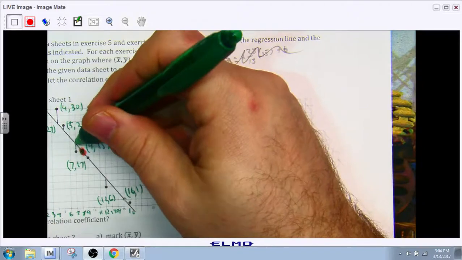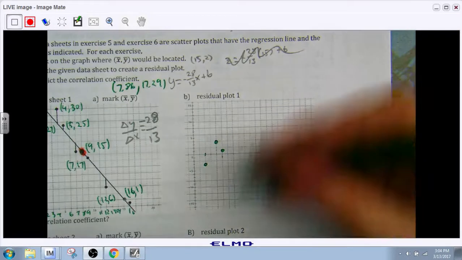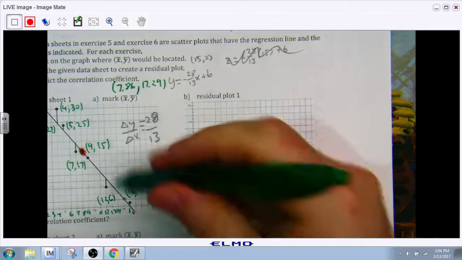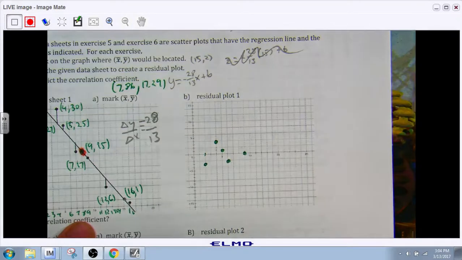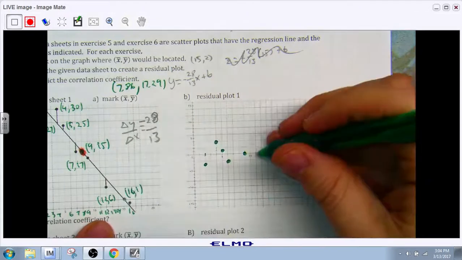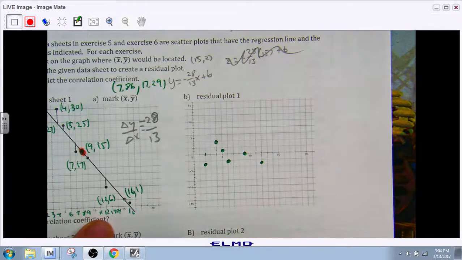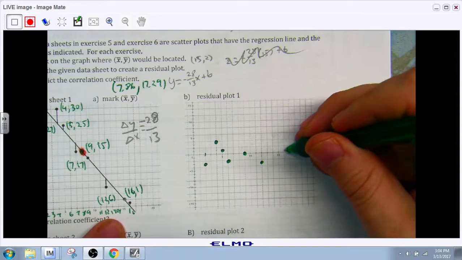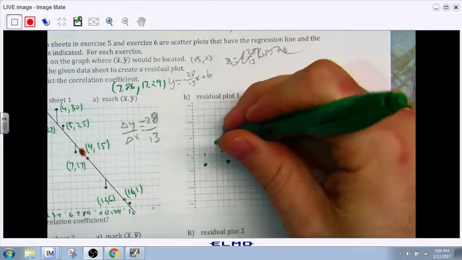At 7, it's a negative, we'll say 2.5. At 9, it's right on there, so we'll just leave a dot there. At 12, it's a negative 3. Just about right there. And at 16, it's a positive 1, so it kind of looks like this. Okay, so that's our residual plot.